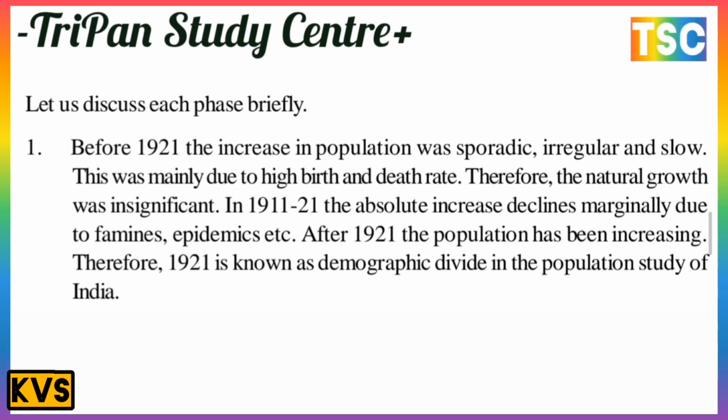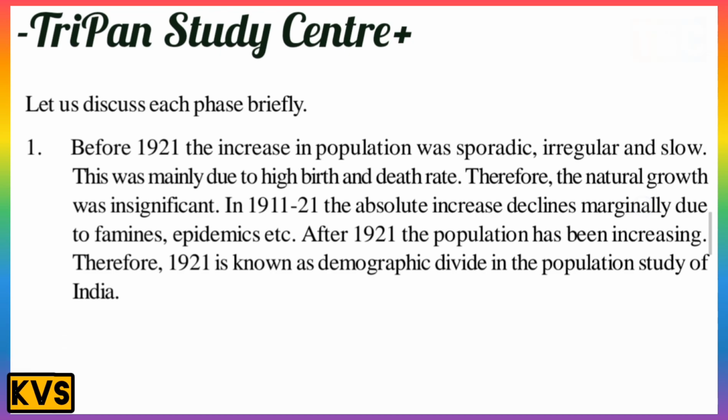In 1911 to 21, there was a marginal decline due to famines, epidemics, etc. After 1921, population has been increasing. Therefore, 1921 is known as the demographic divide in the population study of India.